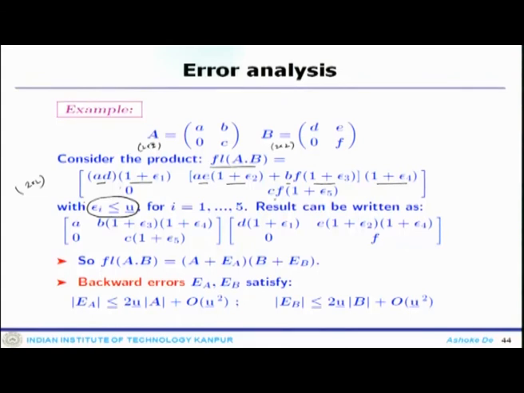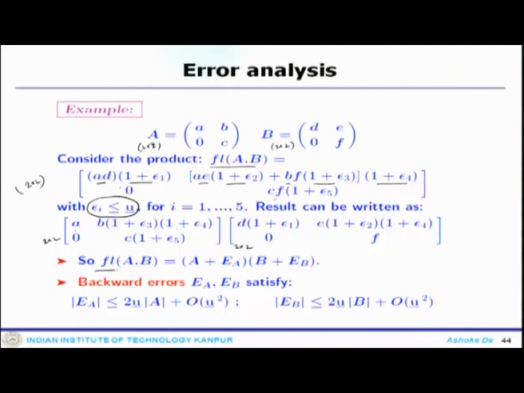All these epsilons 1, 2, 3, 4, 5 are basically some small numbers. Using some property of the matrices, one can write the first matrix as a, b into (1 plus epsilon 3)(1 plus epsilon 4), 0, c into (1 plus epsilon 5), and the second as d into (1 plus epsilon 1), e into epsilon 2, epsilon 4, 0, f.